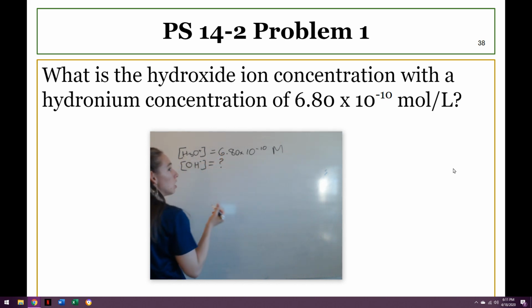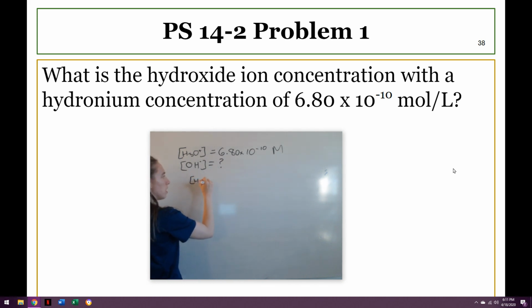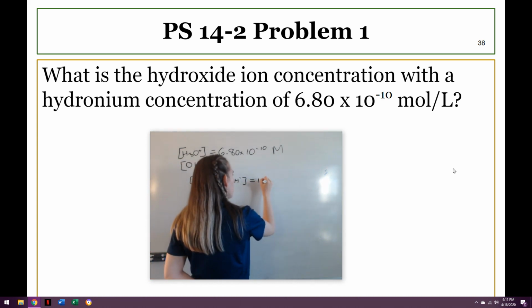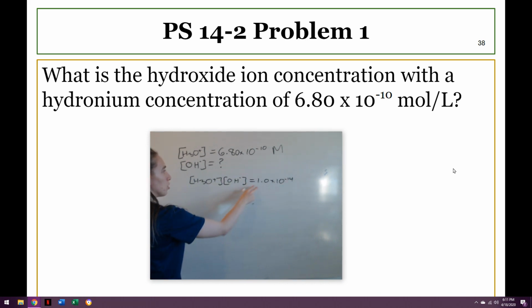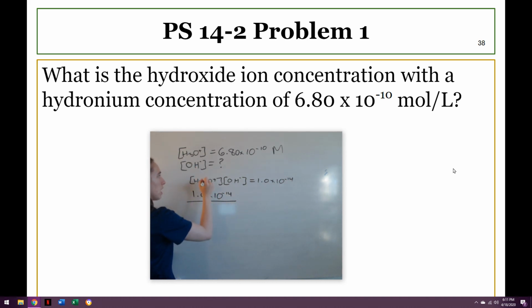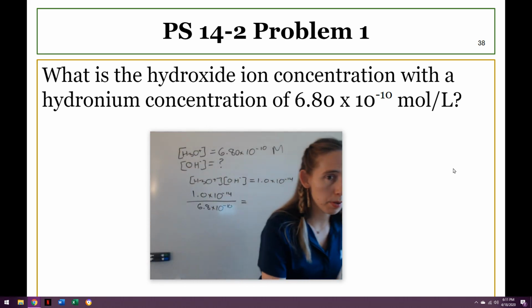What is that one? Well, thankfully, we have a wonderful equation that says H3O times OH is equal to 1 times 10 to the negative 14. We're going to rearrange this since we have H3O to divide both sides by H3O. So we have 1.0 times 10 to the negative 14 divided by H3O, which is technically this number in this problem, 6.8 times 10 to the negative 10. Plug that into your calculator. Remember your parentheses.